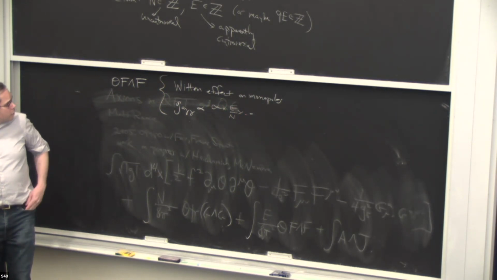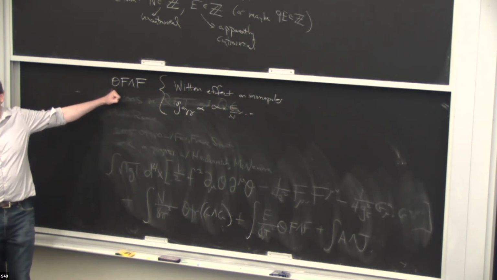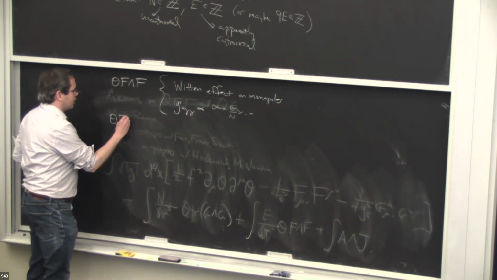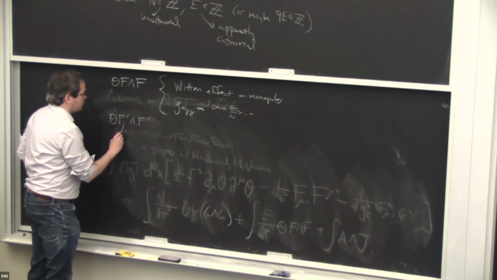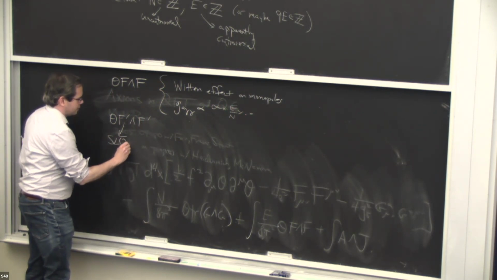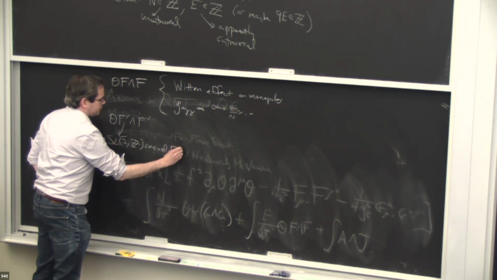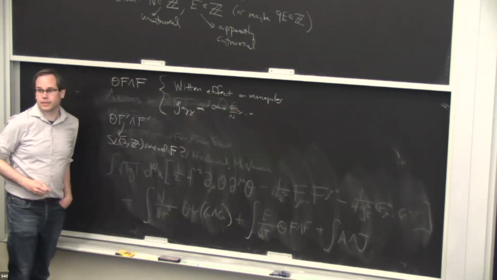And so now we can ask, what if we couple this differently? What if I couple the axion in a different duality frame, right? So what if I write theta F' wedge F', where F' is an SL(2,Z) cousin of F? Can I do it?